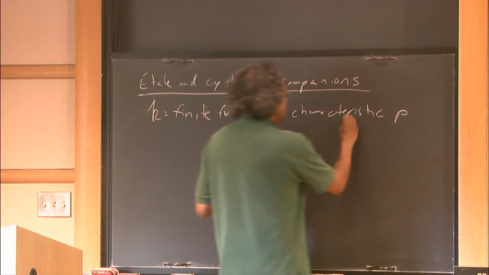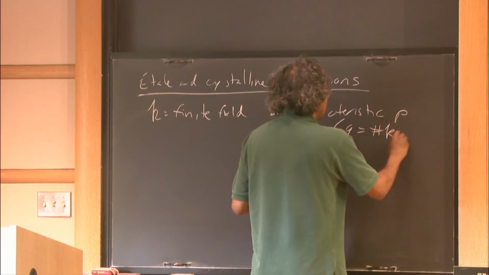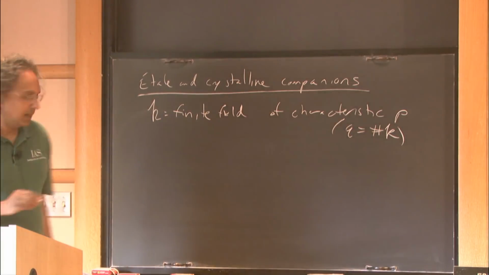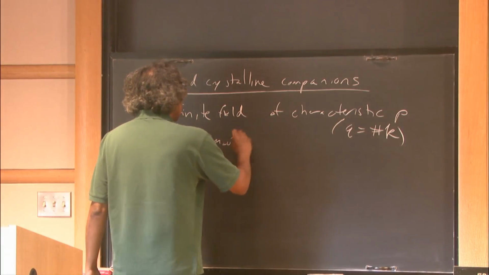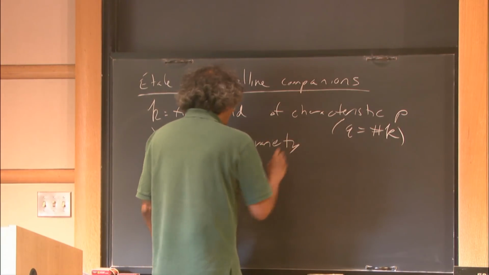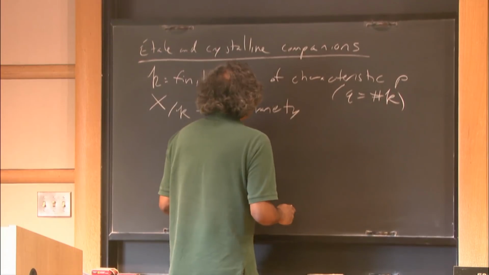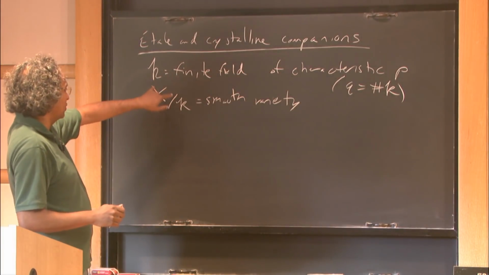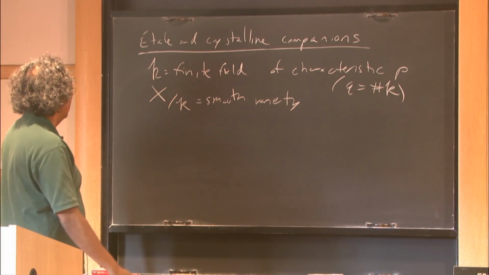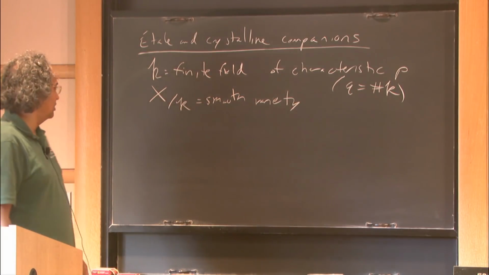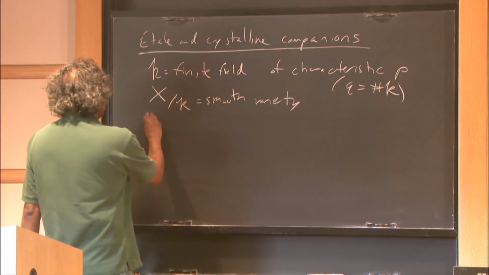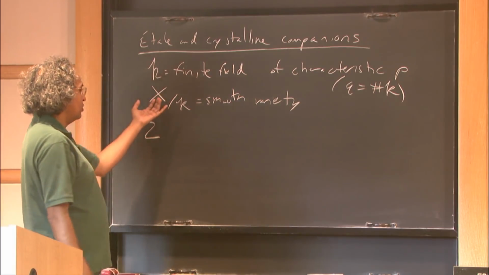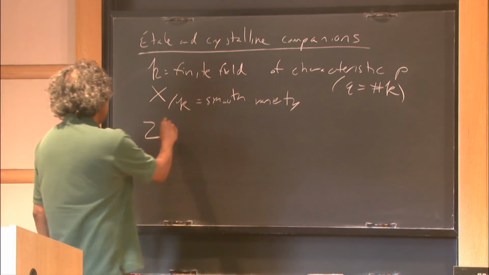I might write Q occasionally for the cardinality, which is, of course, a power of P. And X is always going to be a smooth variety over K. So it'll be something which is locally an intersection of hypersurfaces whose gradients are linearly independent.